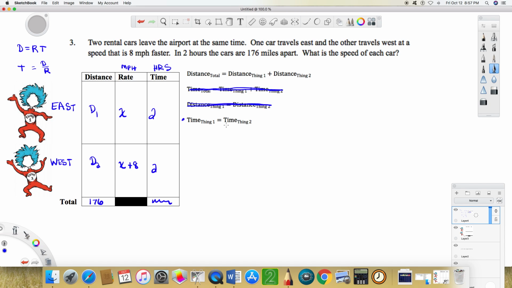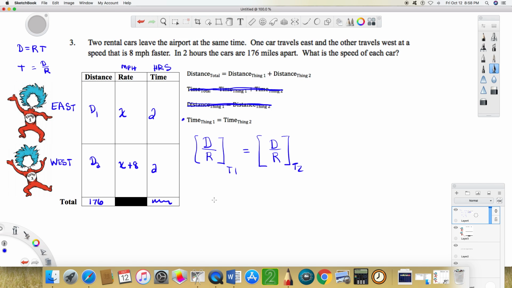So if these two times are equal to each other, which we know is 2 hours, 2 equals 2, and we know that distance divided by rate is time. So I want to look at the distance divided by the rate for thing one, and the distance divided by the rate for thing two.